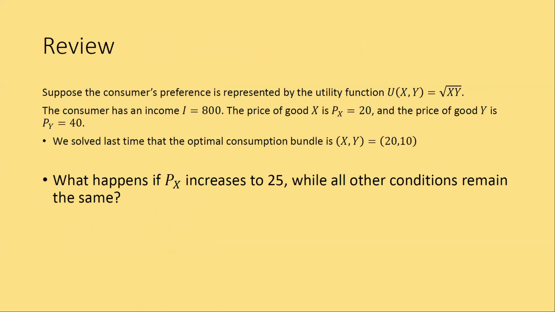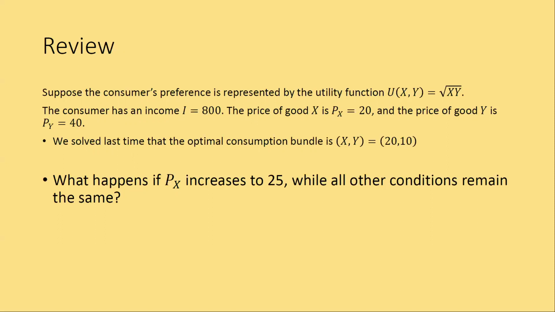All right. So in the last video, we have solved this utility maximization problem. We have a utility function that is u equals the square root of x times y. We have income, the price of good x, and the price of good y.